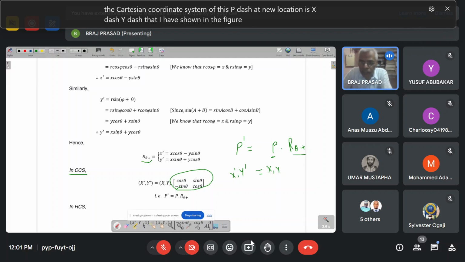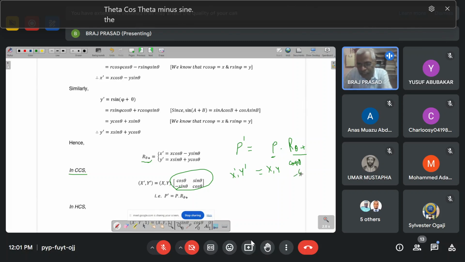And this R theta plus is equal to the matrix cos theta, minus sin theta, sin theta, cos theta.